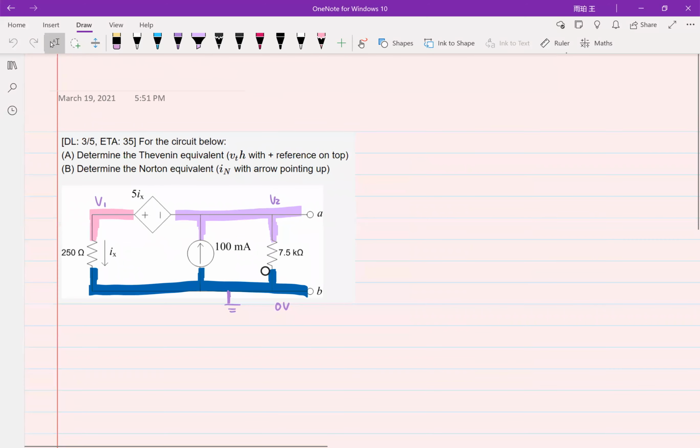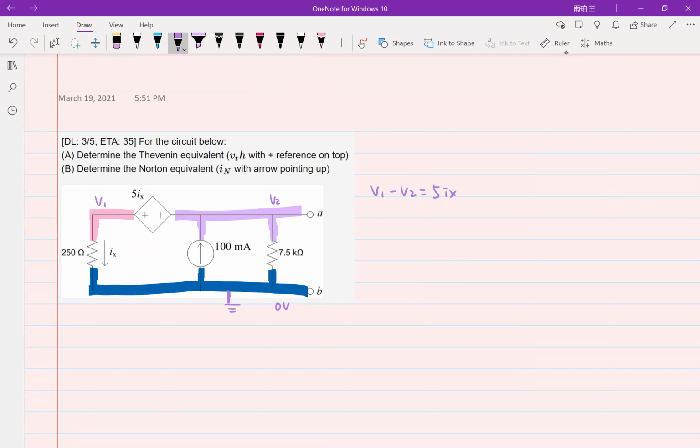If a voltage source is between 2 nodes, neither of which is a ground node, we do a supernode for the nodal analysis, and we have to write down an additional equation to describe the difference between these 2 nodes. So here I have V1 minus V2 equals 5Ix.